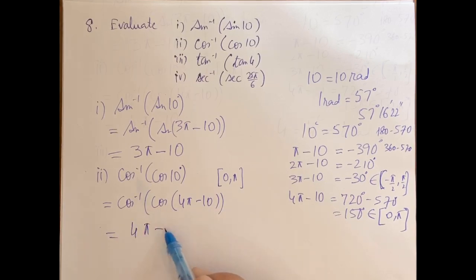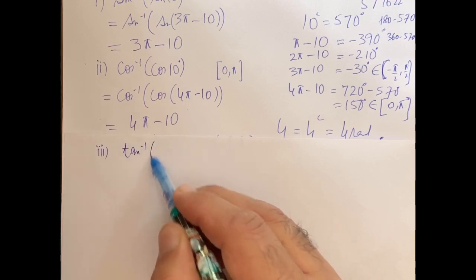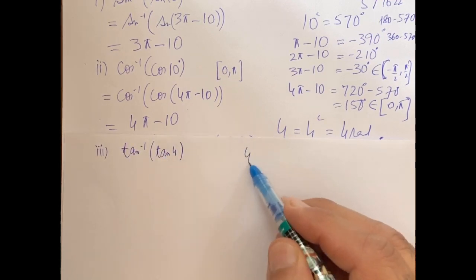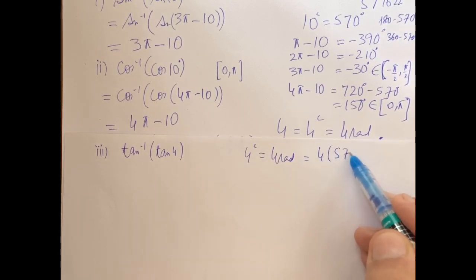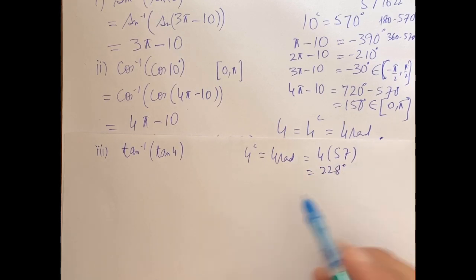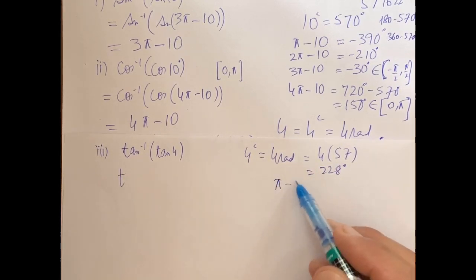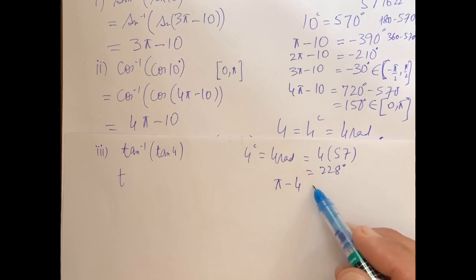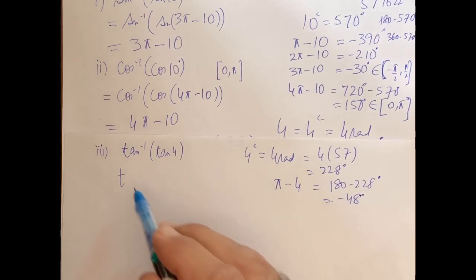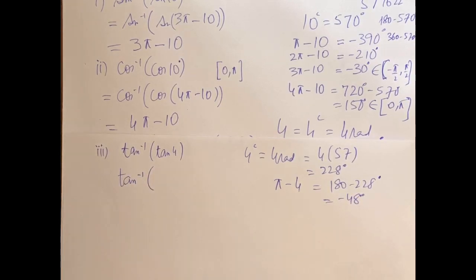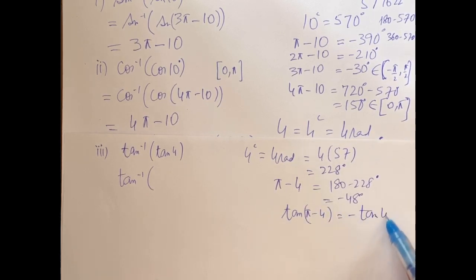This is 4 pi minus 10, but we have tan inverse of tan of 4. 4 is 4 radians, or 4 into roughly 57, that's 228 degrees. Now what is pi minus 4? Pi minus 4 is 180 minus 228 degrees, roughly minus 48 degrees. This is tan inverse of, this can be written tan of pi by 4 minus theta is minus tan of theta.